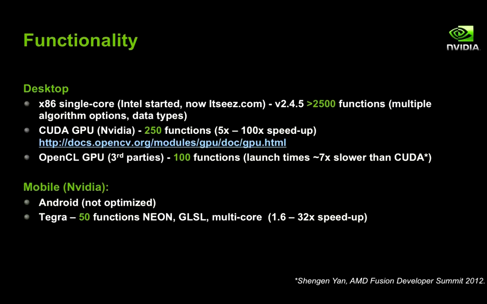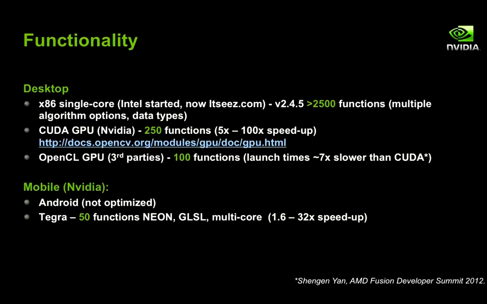Like I briefly mentioned, there exist ports of OpenCV for various different hardware platforms and CPUs. Among the desktops, OpenCV originally was written for the single-core x86 CPU, and actually OpenCV first started as a project at Intel, hence it was first written for the x86 platform.